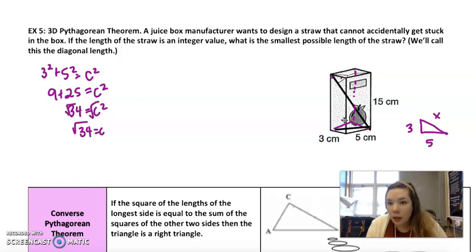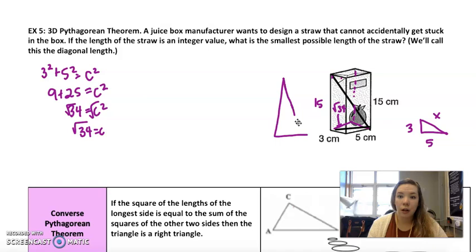Now I know this piece right here is root 34, and I know that the height right here is 15. They gave us that. So I want to do Pythagorean theorem again so I can find the hypotenuse, except this time I have a leg, and I'll sketch this larger triangle here. I have a leg of 15, a leg of root 34, and I'm trying to find that hypotenuse that's cutting through my rectangular prism.